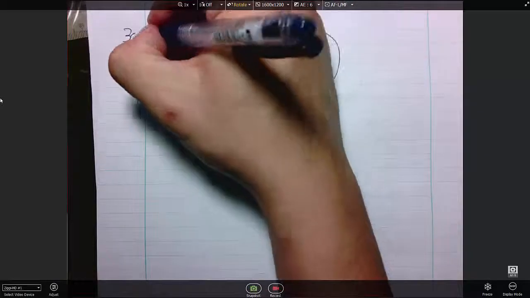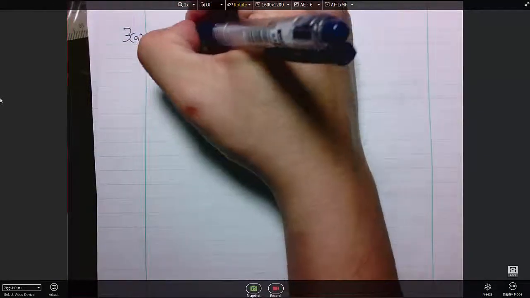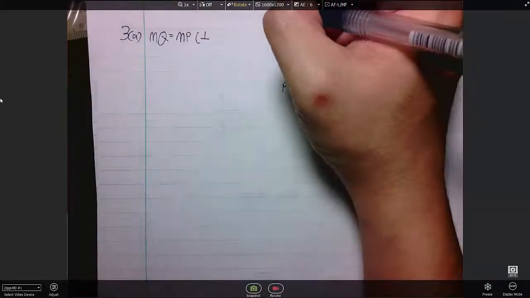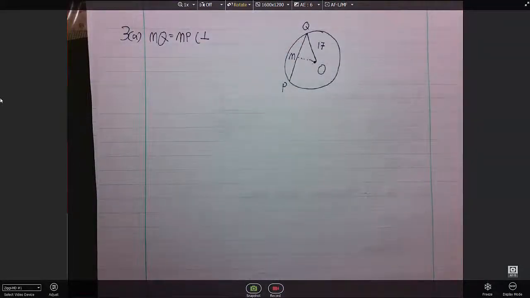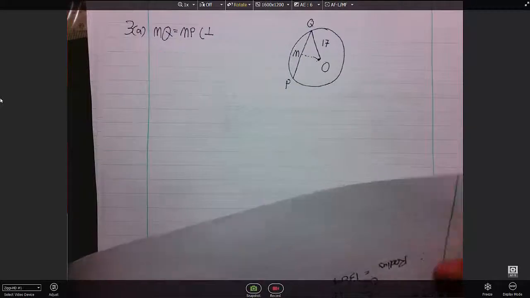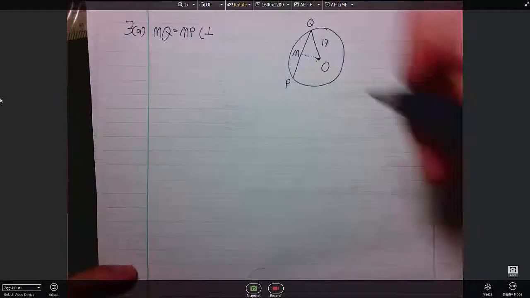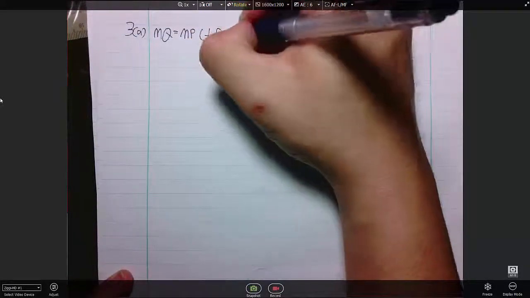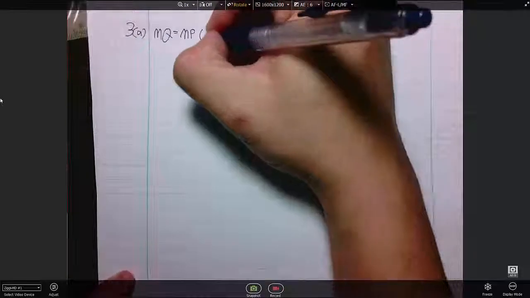Now again, same thing, we know that MQ is equal to MP because the perpendicular bisector of the chord will pass through the radius. Perpendicular from center bisects chord.